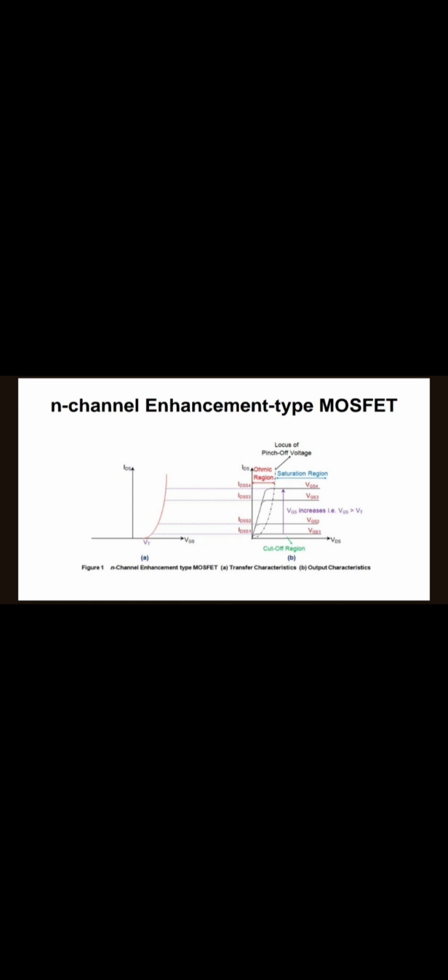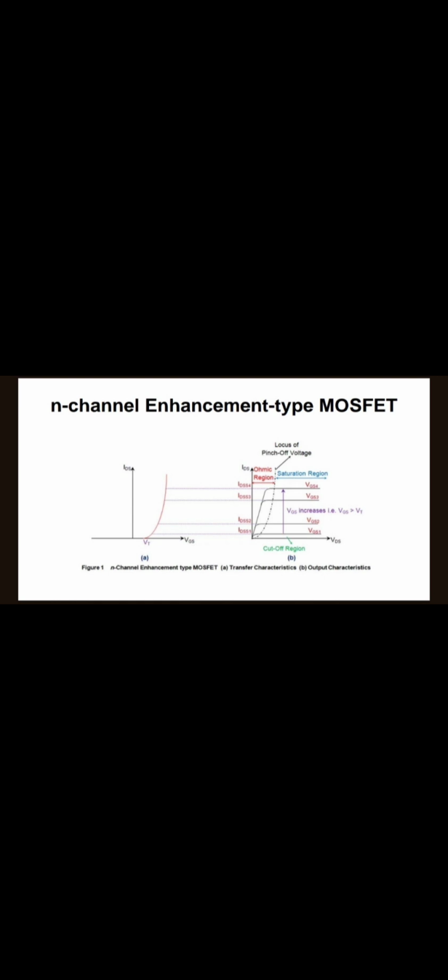So next are the transfer and output characteristics corresponding to this N-channel enhancement type MOSFET. Here the first diagram is for the variation of the gate source voltage and the drain current. Here VT acts as the threshold potential or the threshold gate voltage, meaning the minimum voltage required to produce inversion in the channel just below the silicon dioxide layer.